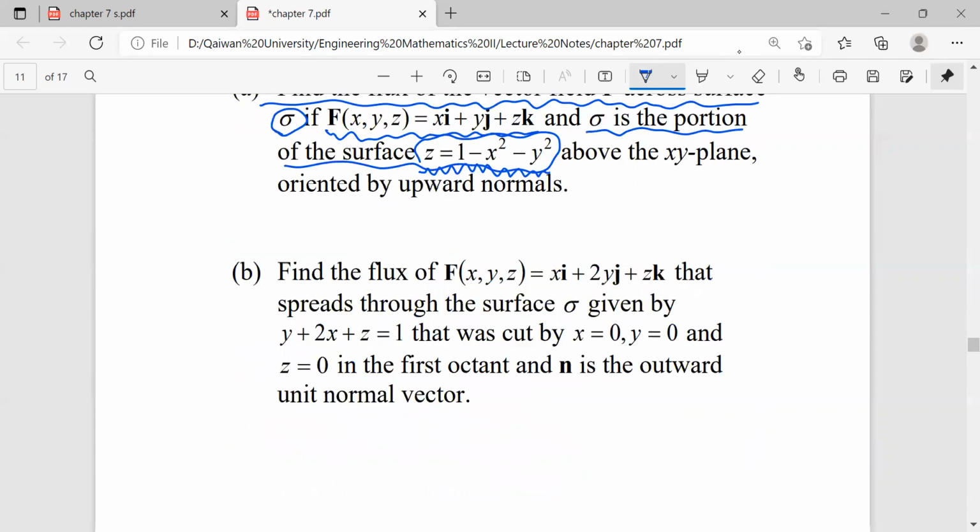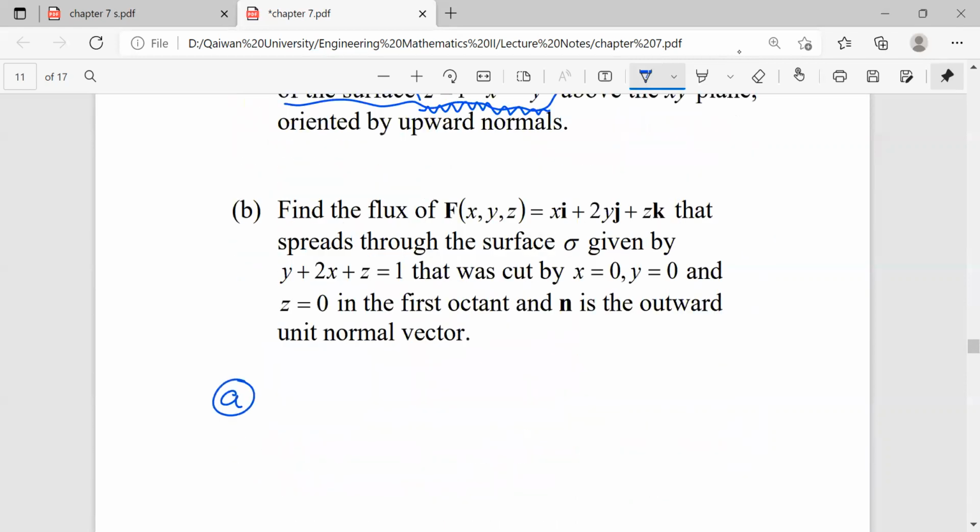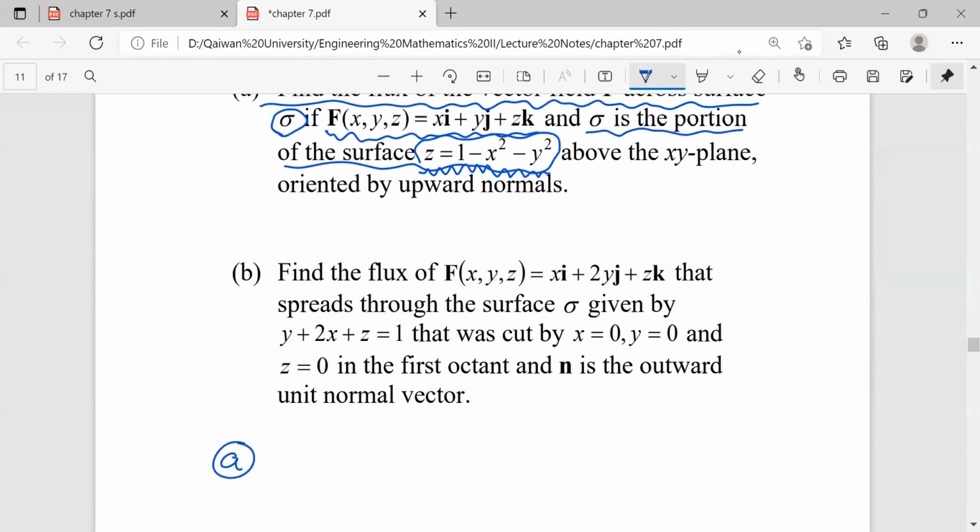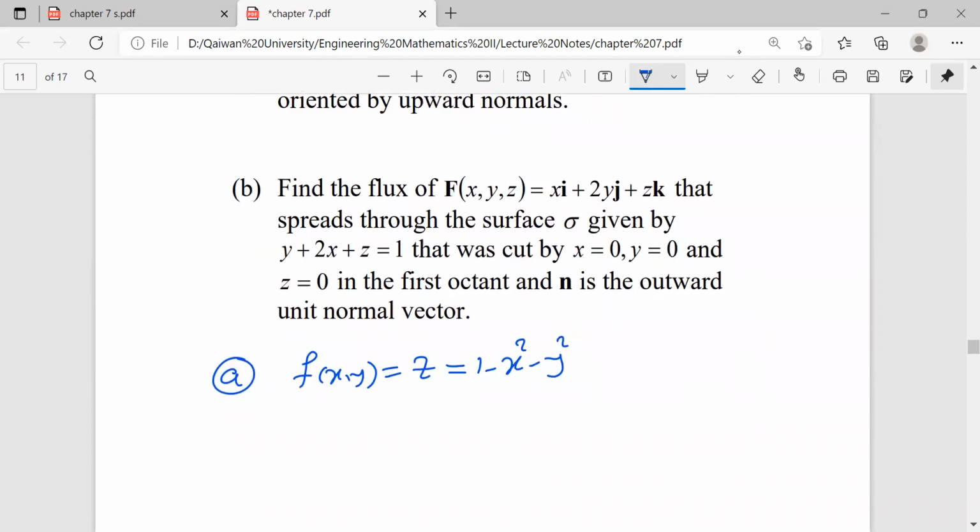Let's see here. For the first example, for A, we say f of xy, which equals z, equals 1 minus x squared minus y squared. And from f of xy, we can get phi of xyz. In the case where z equals a function of xy, phi of xyz equals z minus f of xy.